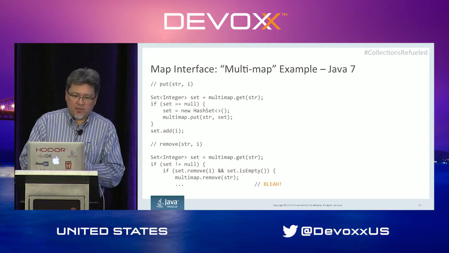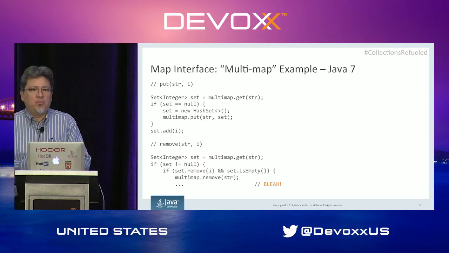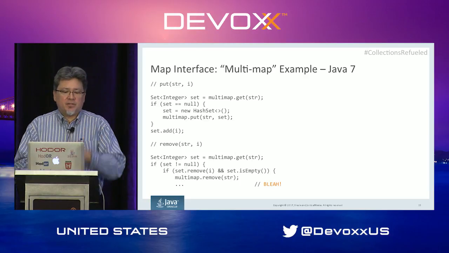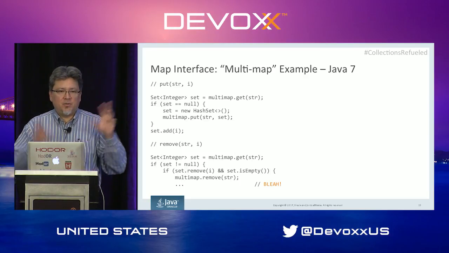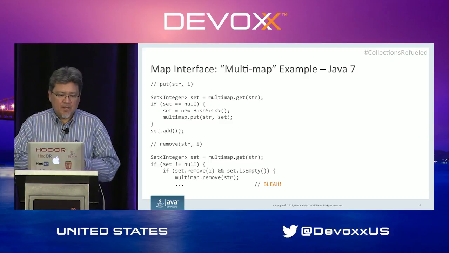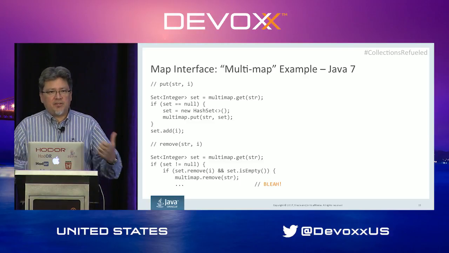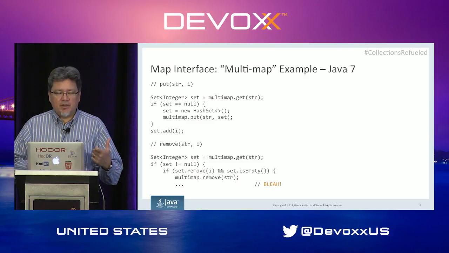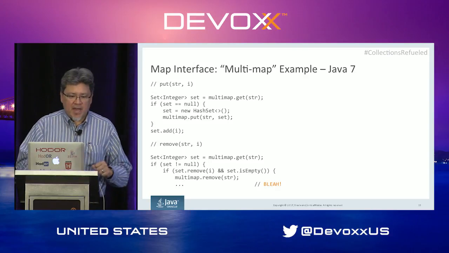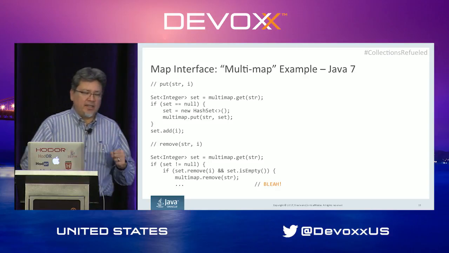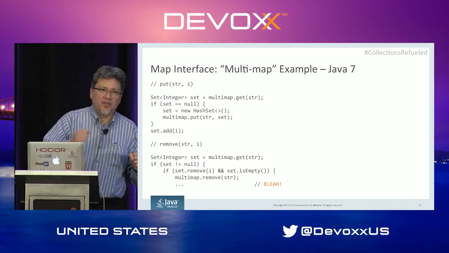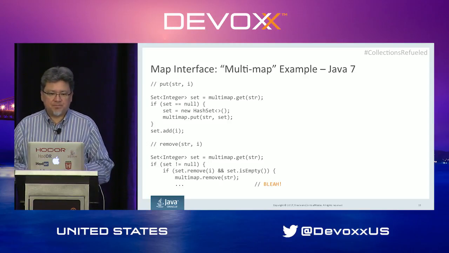So here's some code to do that. If I want to put a string and an integer into my multi-map, then I first have to get the value for the key to see if there's a set already there. If there isn't, then I have to create a set and put it into the map, and then finally I have to add the new integer value into that set.